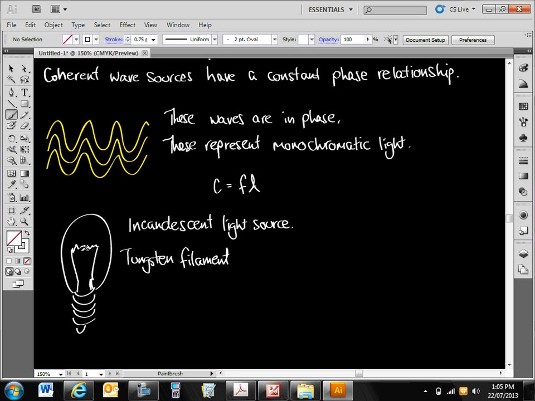And that's why we see this white light. If it's all colors of the rainbow, is an incandescent light source a monochromatic light source? No, it is not. This is not a monochromatic light source.